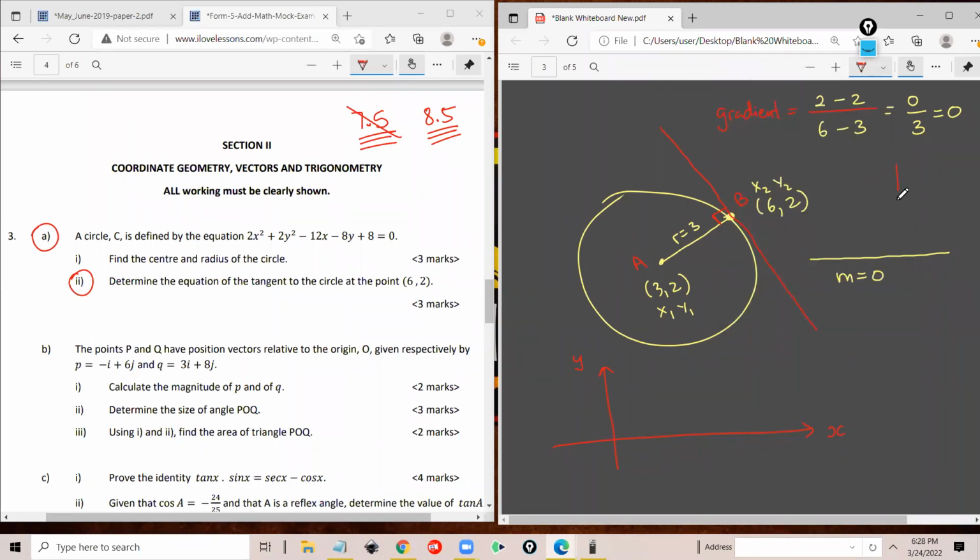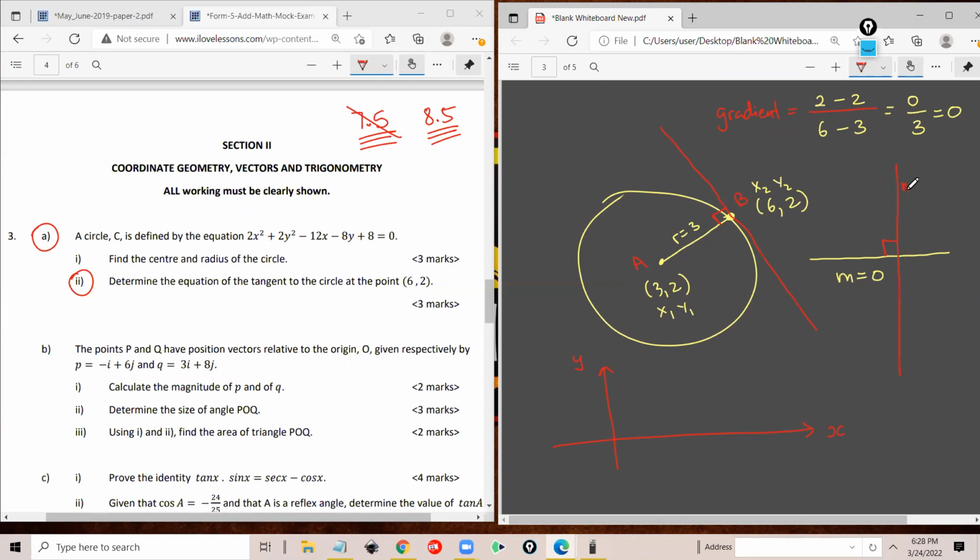And a perpendicular line will be what? Obviously, perfectly vertical. Does that make sense? Because remember, the radius and the tangent are supposed to form 90 degrees. So that means the red line is going to be perfectly what? Vertical.